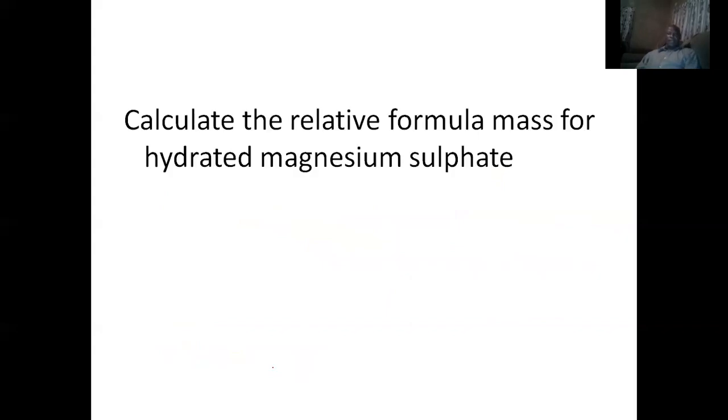And so now we are going to look at another question: calculate the relative formula mass for hydrated magnesium sulfate. At times these compounds can contain water, and therefore the way we calculate the relative formula mass or the relative molecular mass, we should now include water.